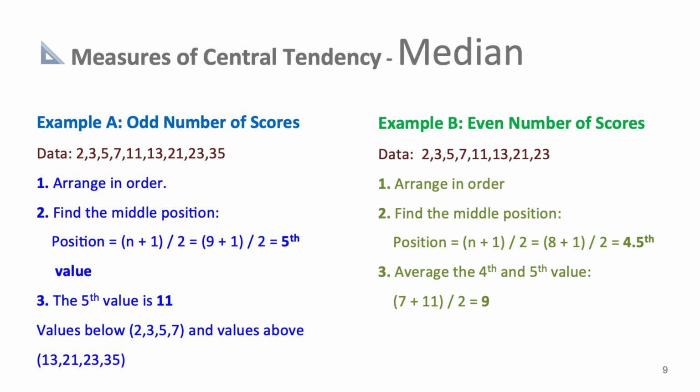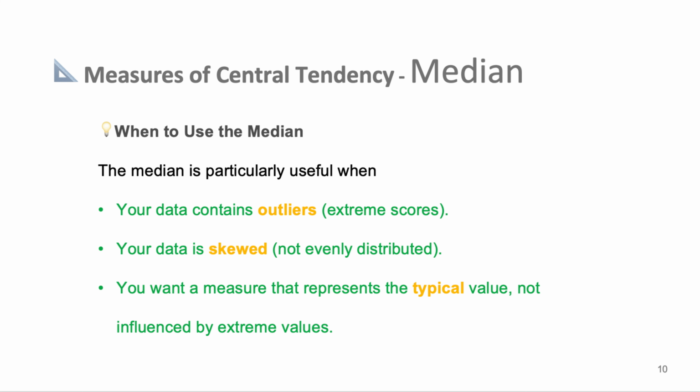That gives you the median. The median is really useful when the data has outliers or very weird extreme scores because unlike the mean, those extreme values don't affect it much. So sometimes the median actually gives a better idea of what's typical.